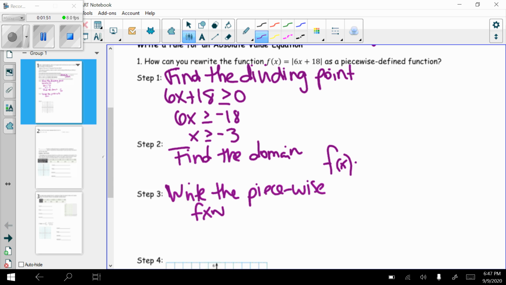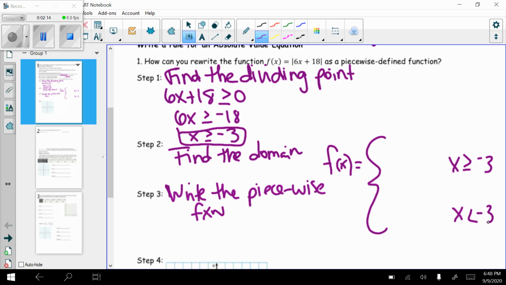So f of x is equal to, okay. My very first domain is simply the dividing point we found: x greater than or equal to negative 3. That's going to be half of my graph. For the other half, all I'm going to do is flip my inequality sign and drop the equal sign. So it's going to say x is less than negative 3.